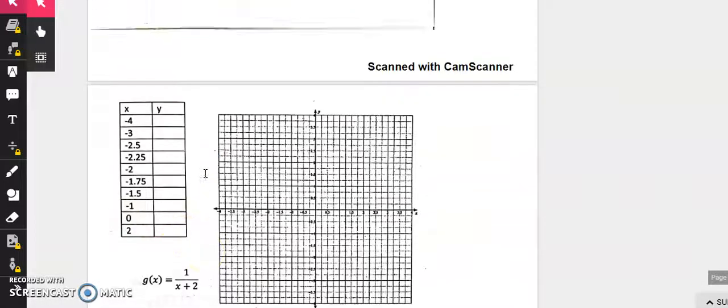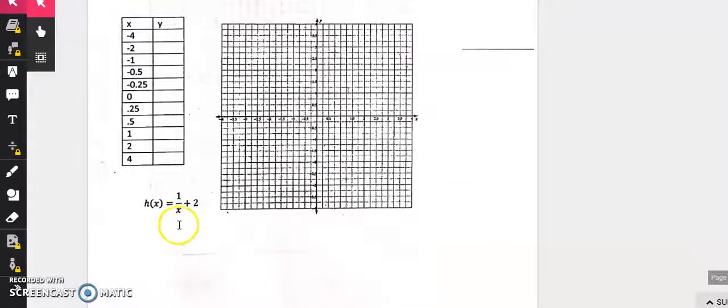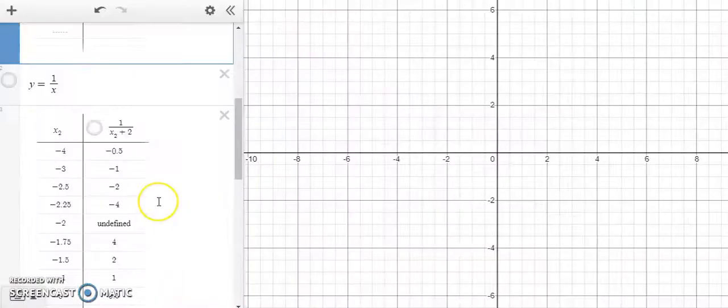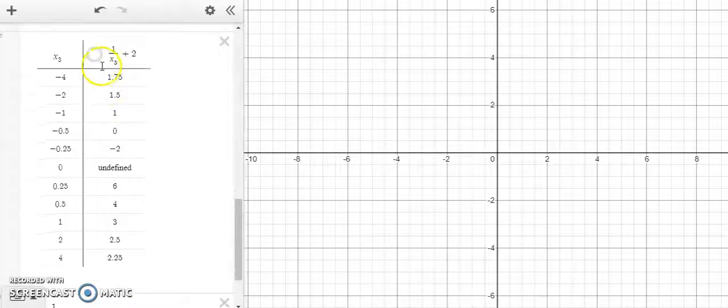So for our final little table, we're going to see what happens when we add our plus 2 after the fraction instead of including it with the x. So we look at our table and plot the points. Notice now we have the same shape. Our undefined point is still at 0, but notice where it flattens out.